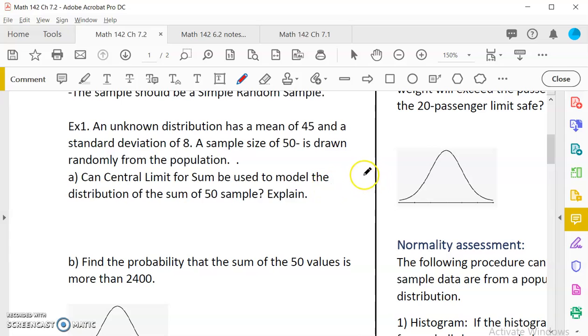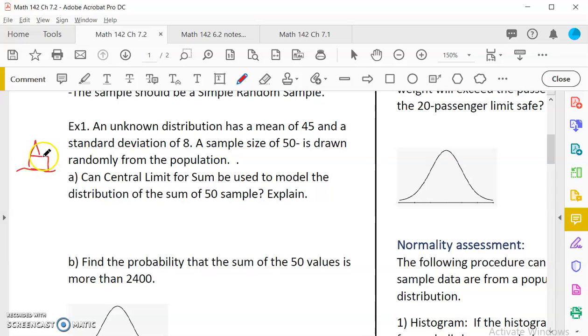The reason we introduce this is that it is exceedingly useful for solving problems that involve adding samples, the sum of samples. Say you have a boat traveling and you are worried about overload.